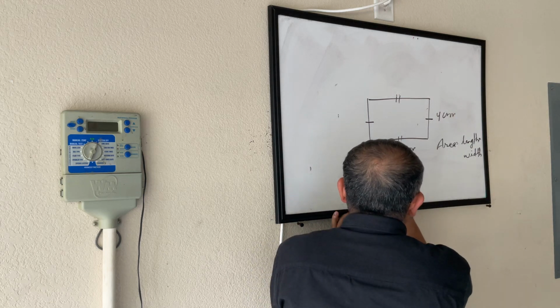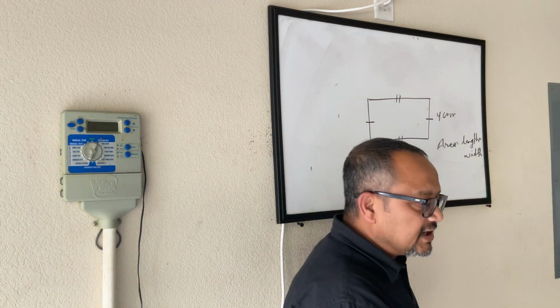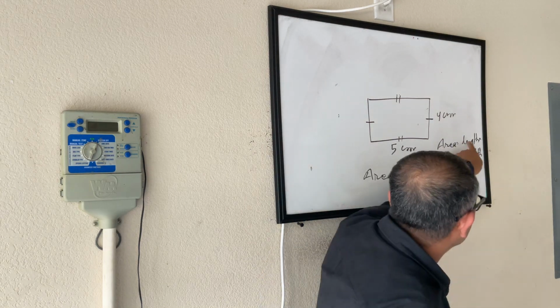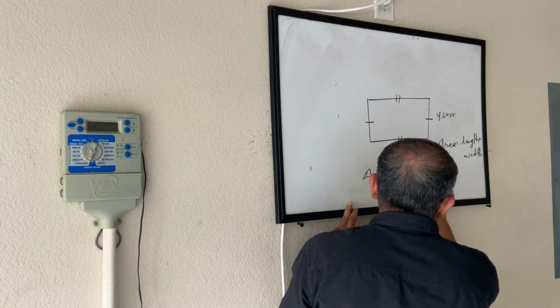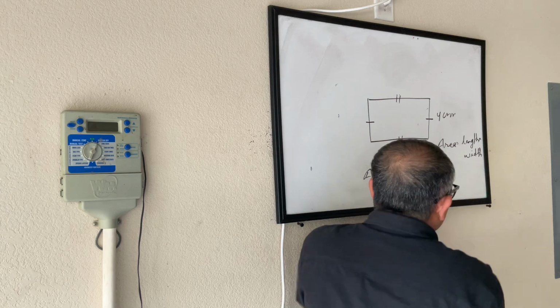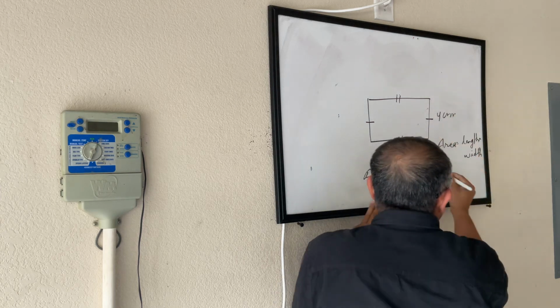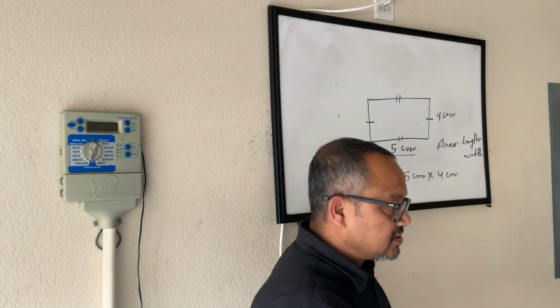I will not apply much brain here. I will just follow the basic guidelines. Area is length times width. What is my length? 5 centimeter. Put 5 centimeter here. Times width. What is my width? 4 centimeter. Write the full thing. Don't write just 4 and 5. That will not work.